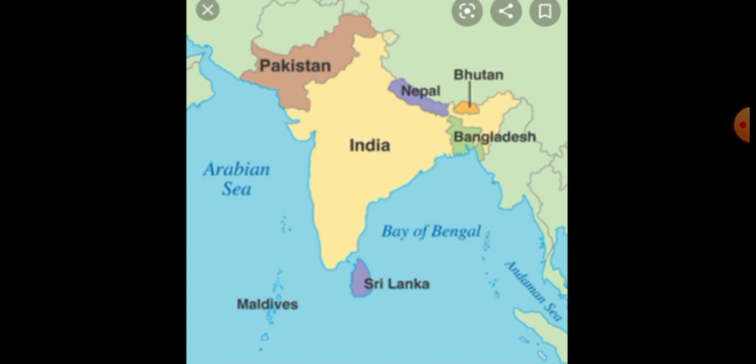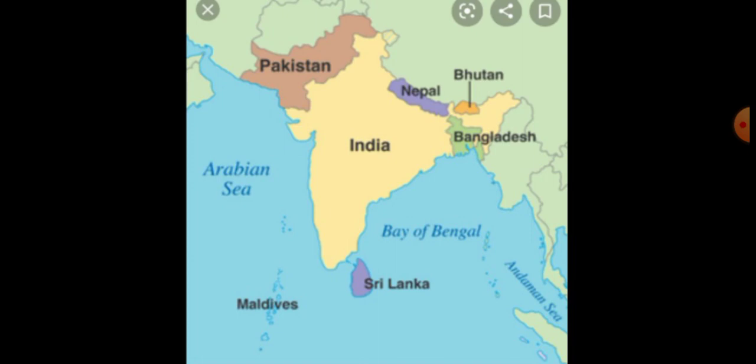The official languages are Hindi and English. Then the capital of India is New Delhi, but the largest city of India is Mumbai.